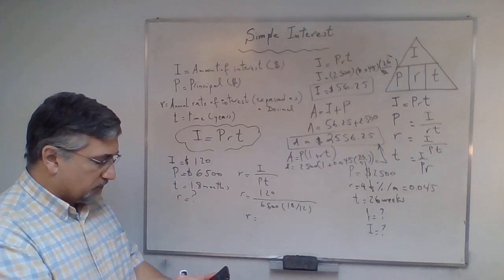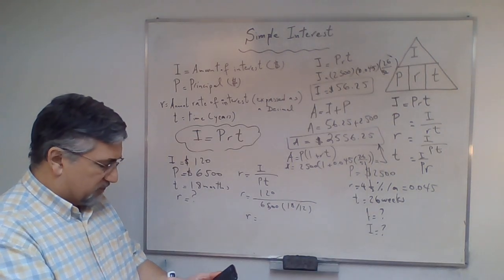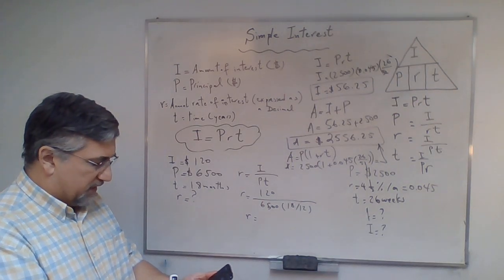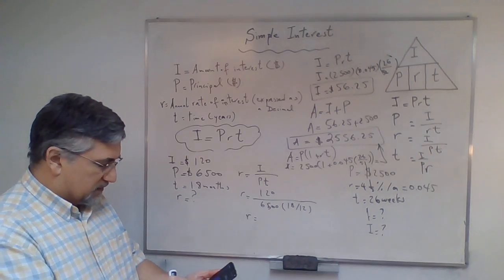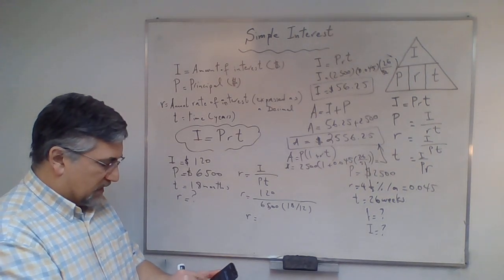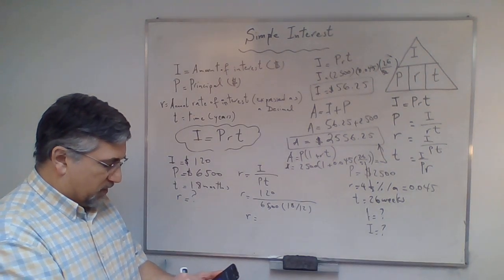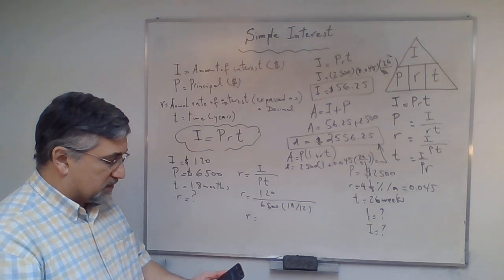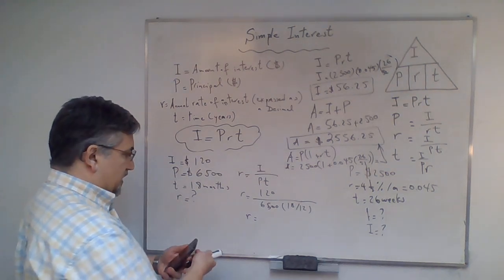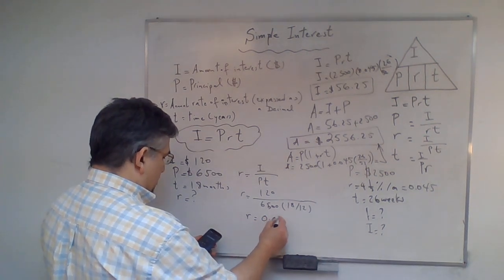So we have 120 divided by 6,500 in the denominator times 18 divided by 12. So we get 0.0123. I got that on the calculator.